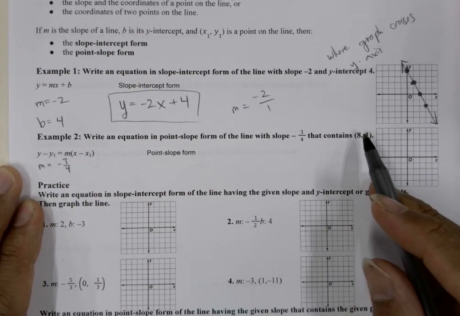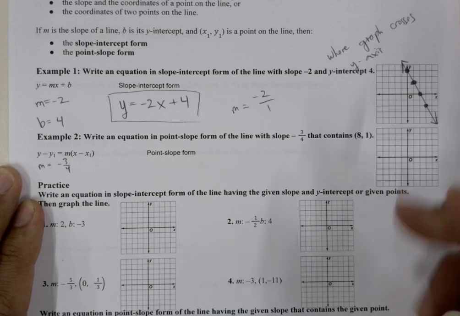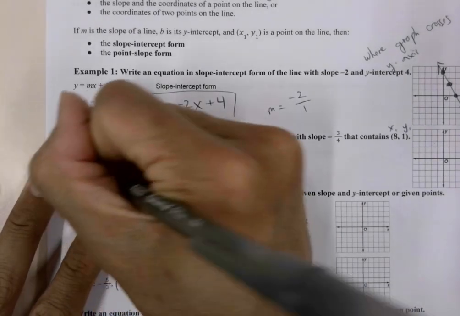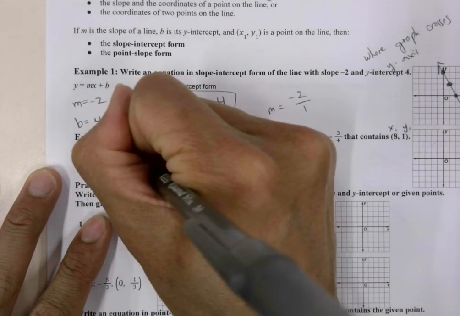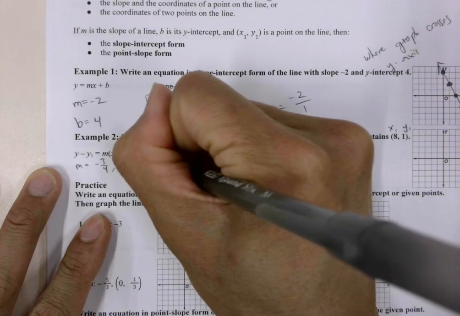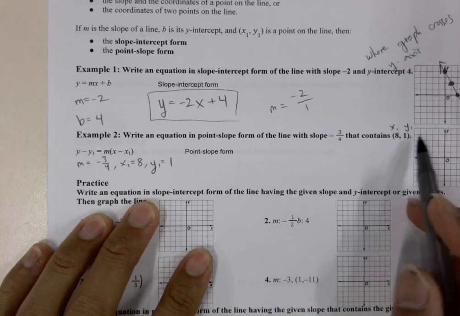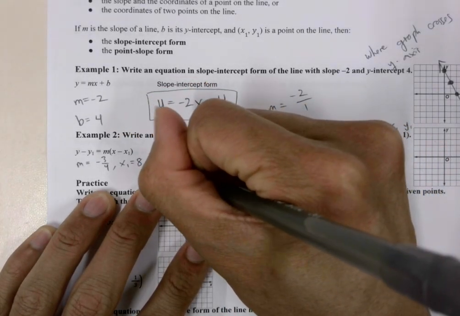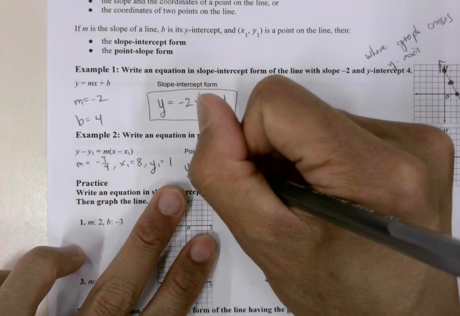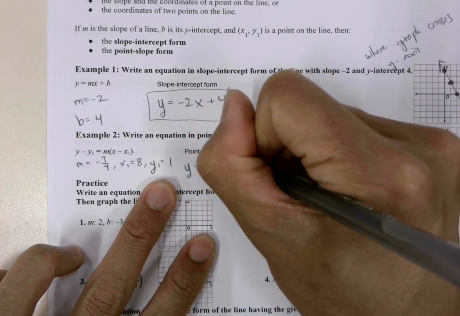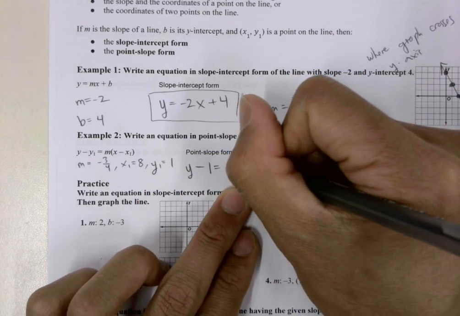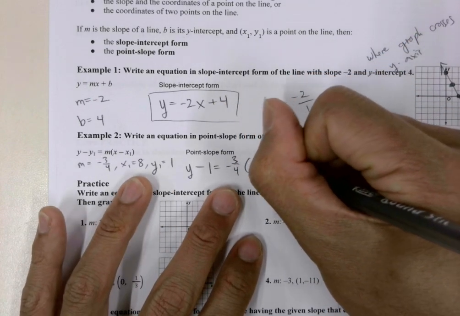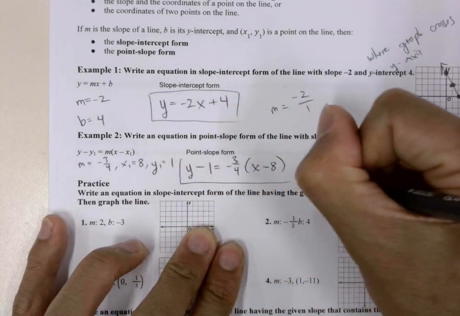This is our x1 and our y1, so our x1 is equal to 8, and our y1 is equal to 1. Again, we just plug it in, and we're good to go. So we'll say y minus y1, which is 1, is equal to -3 over 4, m, times the difference of x minus 8, our x1. And we're done.